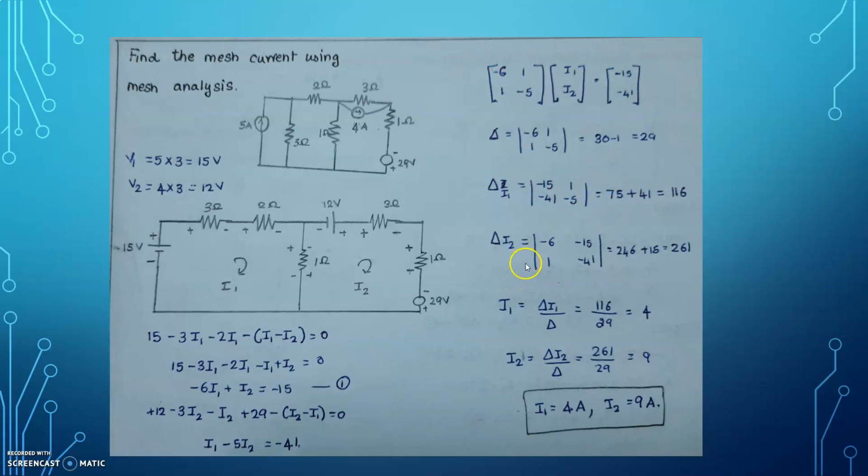Similarly, delta I2 is obtained by replacing the second column with the constant values and finding the determinant. Then I1 is delta I1 by delta, that is 4 ampere. I2 is delta I2 by delta, that is 9 ampere. So this is the solution for your problem.